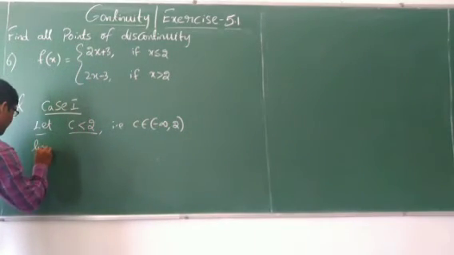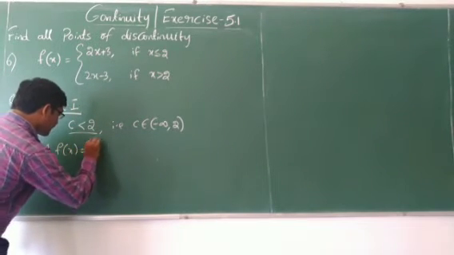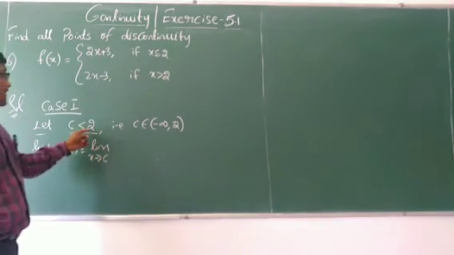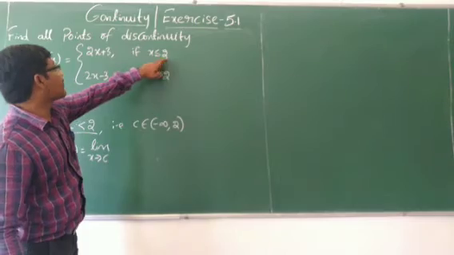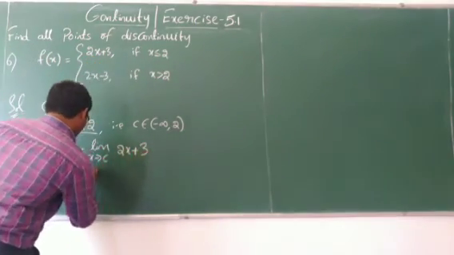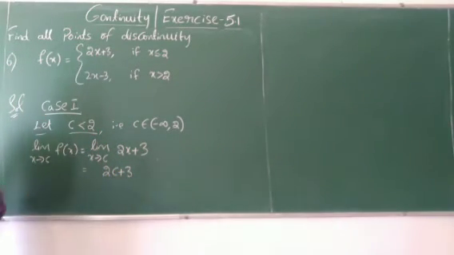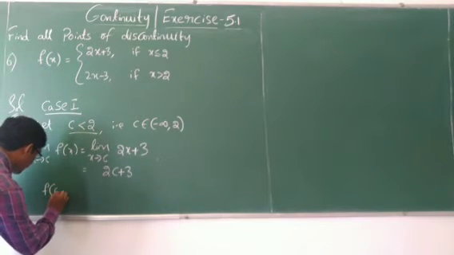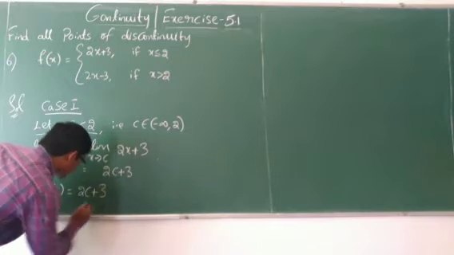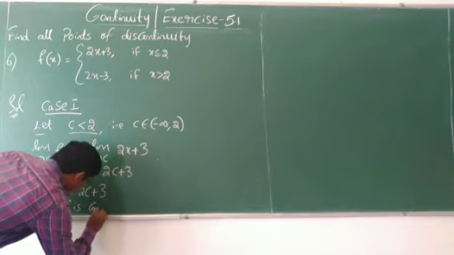So here we take limit x approaches to C, f of x, is equal to limit x approaches to C. Here C is less than 2, so we need to consider 2x plus 3. That is equal to 2c plus 3. Now take the function value, f of c is equal to 2c plus 3. Both are equal. Therefore, f is continuous.